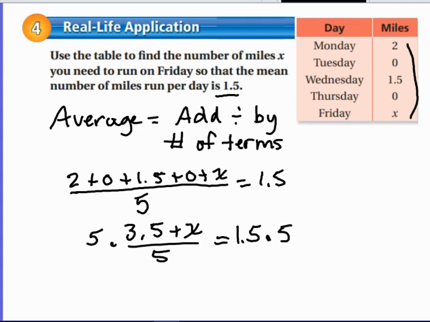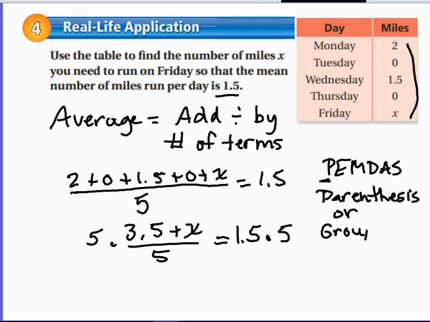Multiply by 5. This is actually called a grouping symbol. And when you do, please excuse my dear Aunt Sally, please is parentheses or grouping symbols. And in this case, this division bar is a grouping symbol. So that's why we're getting rid of this first.